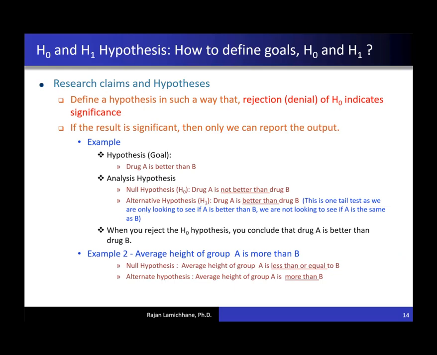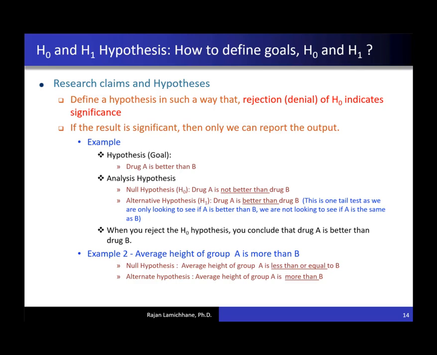Now let's see how we can define the research claims into the hypothesis. As I already mentioned, we need to define both null and alternate hypotheses in such a way that when you reject the null, when you deny the null hypothesis, then the result should be significant. And if the result is not significant, then it doesn't make sense to report any kind of outcome.